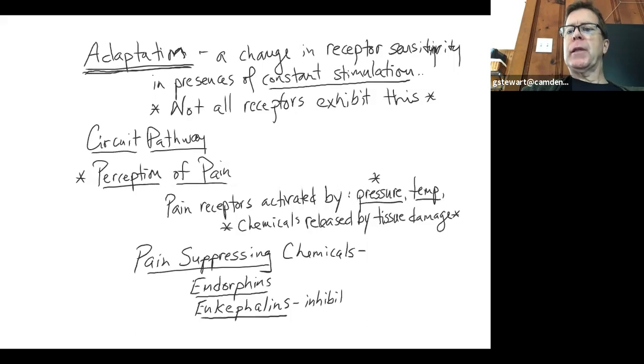So they're less pleasurable chemicals. Endorphins are pleasure chemicals that sort of mask pain, and enkephalins are specific inhibitory chemicals that actually dampen those pain signaling pathways.